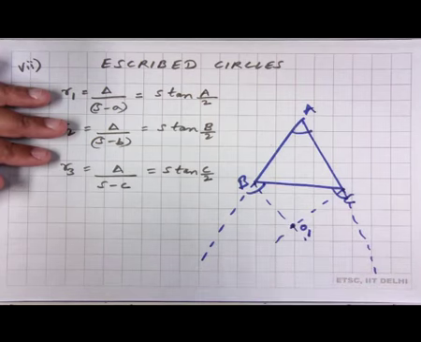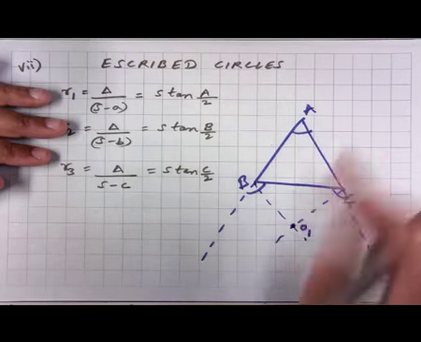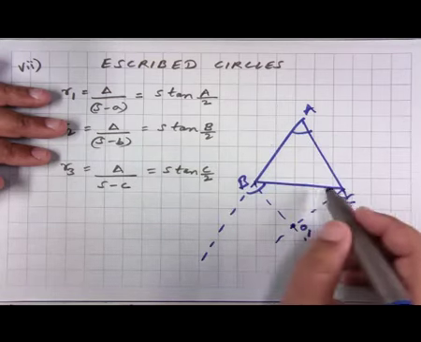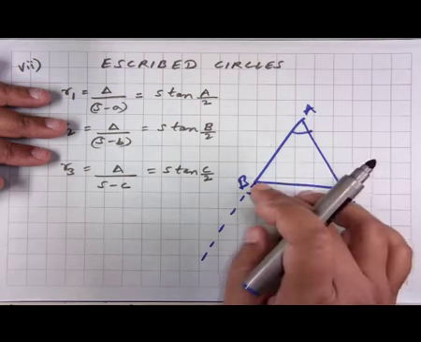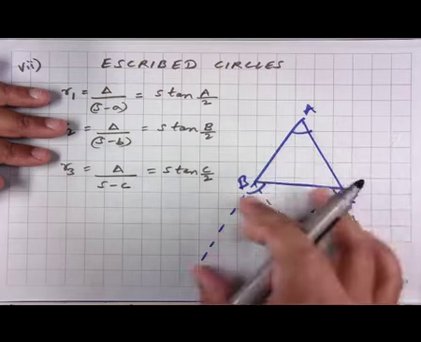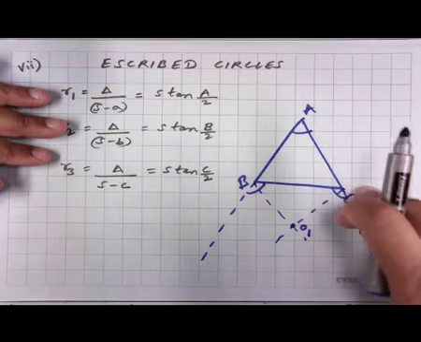So this O1 is essentially the center of the escribed circle. The escribed circle opposite to angle A is the circle which touches this line BC, the produced part of this line AB and the produced part of this line AC at exactly one point.